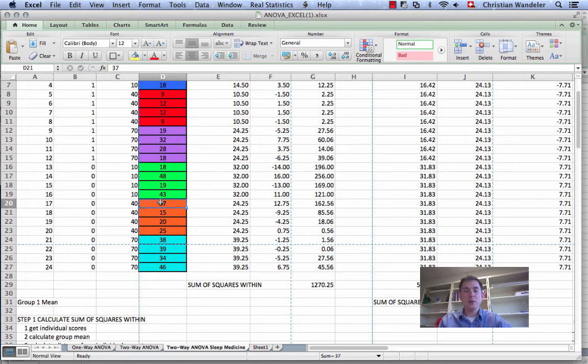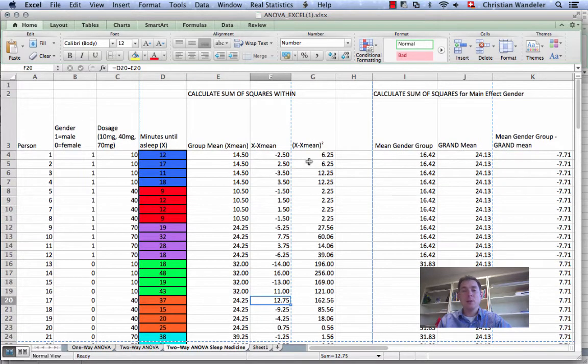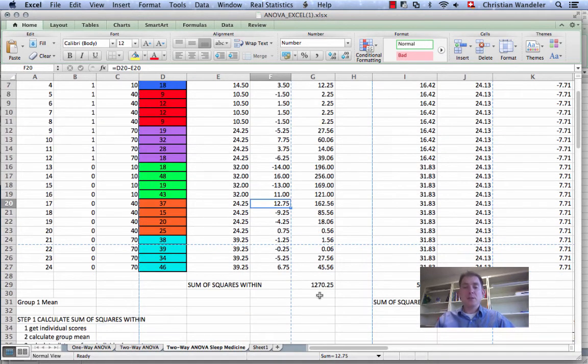So this group here is the females that had 40 milligrams of the dosage. So here the difference is this woman's individual score minus her group mean. It gives you 12.275 minutes, so she stayed awake longer than her average. Then we square all these differences and we get the sum of squares within.